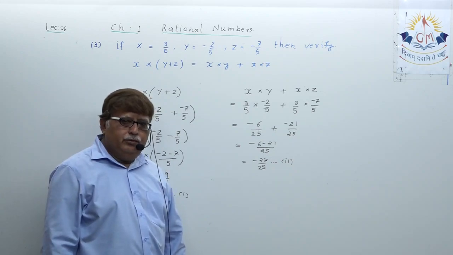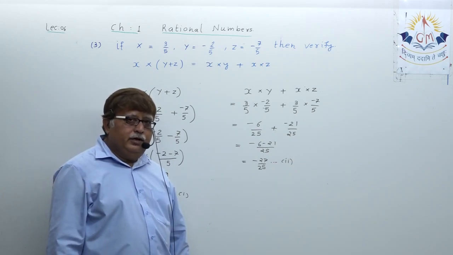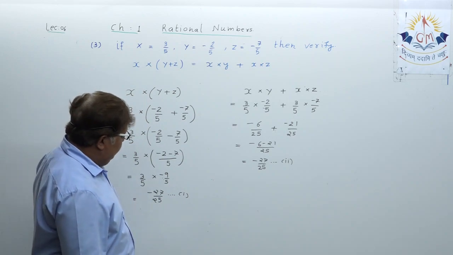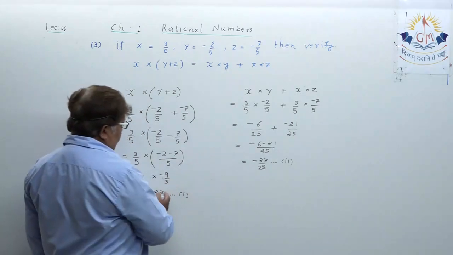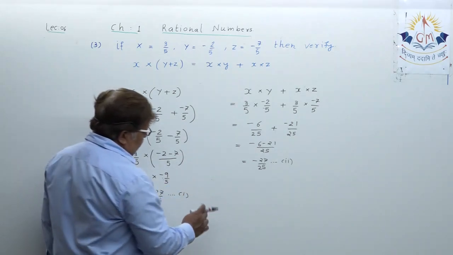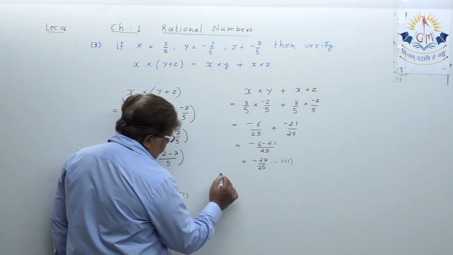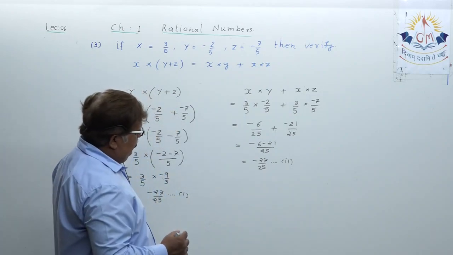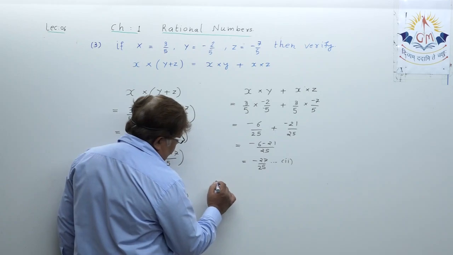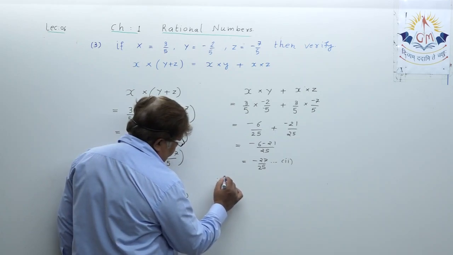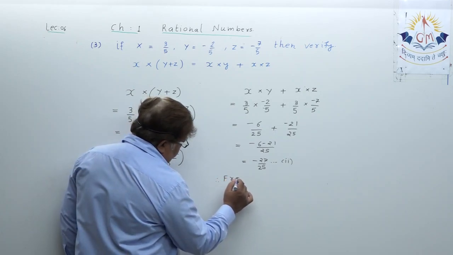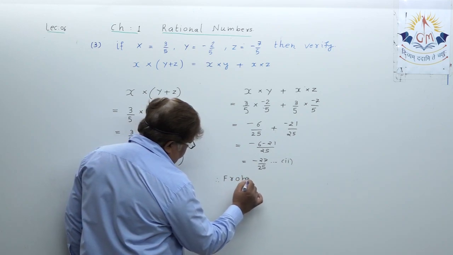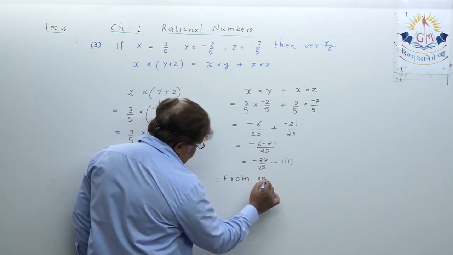You need to concentrate in the revision lecture. So you got both the results equal. So at last, what you will write this way. Therefore, this is the way you need to write.